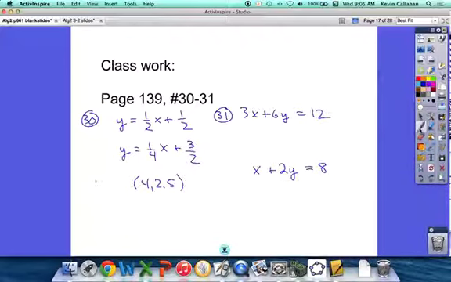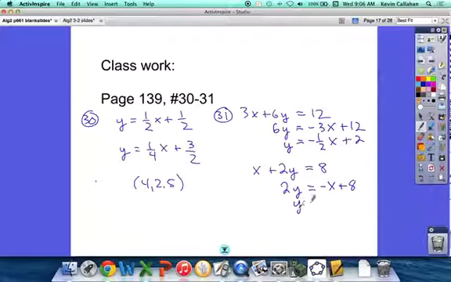So this is 6y equals negative 3x plus 12. y equals negative 1/2 x plus 2. So the first equation, negative 1 half x plus 2. The second, 2y equals negative x plus 8. y equals negative 1 half x plus 4.